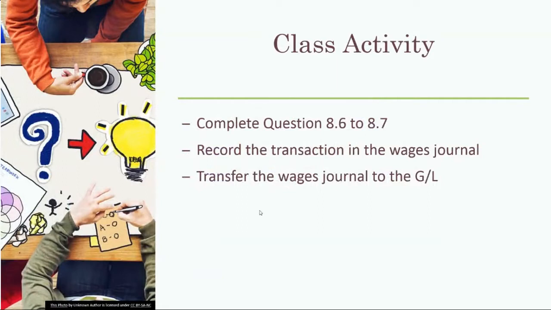Okay, so what we're going to do now is we're going to do question 8.6 and 8.7. We're first going to record the transactions into the wage journal, and then once we've completed the wage journal, we're going to transfer it into the general ledger account.